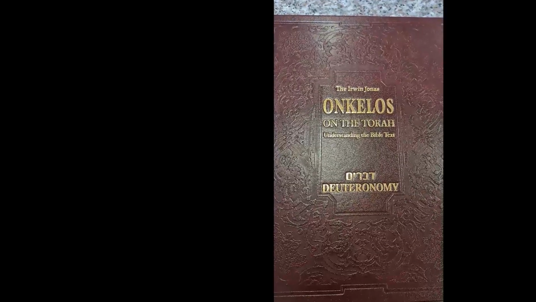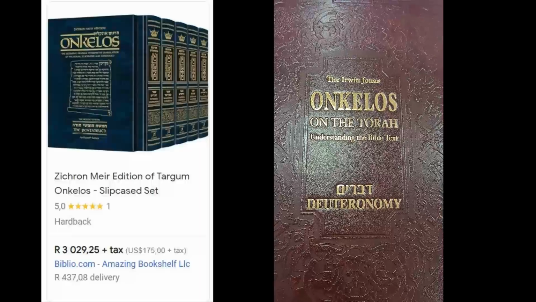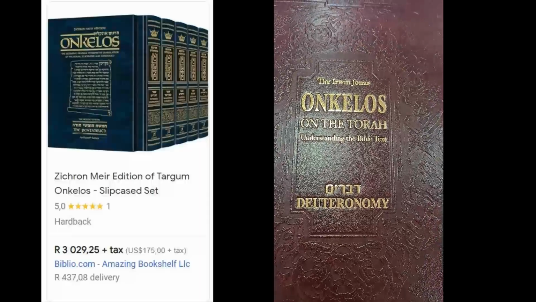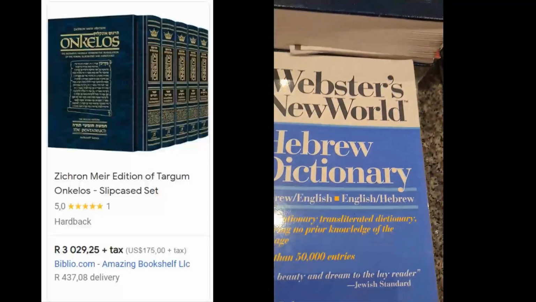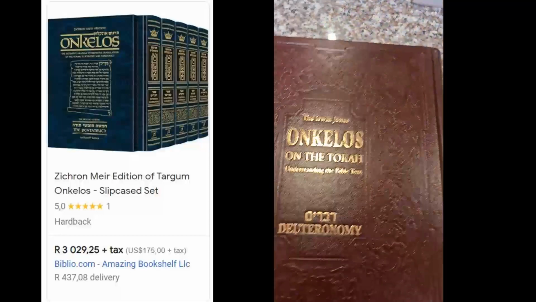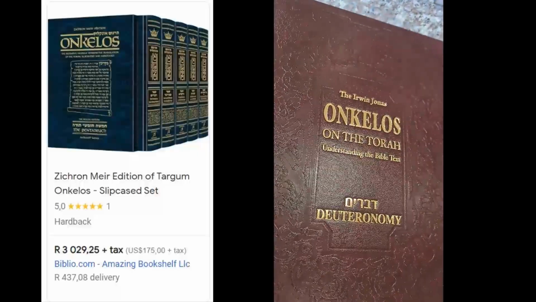And then lastly, we have the Oncolossus. The Oncolossus is basically a deep study in the origins of words. So if you don't come right with your lexicon and you don't come right with your dictionaries, this is something that a lot of people are not going to be able to afford.